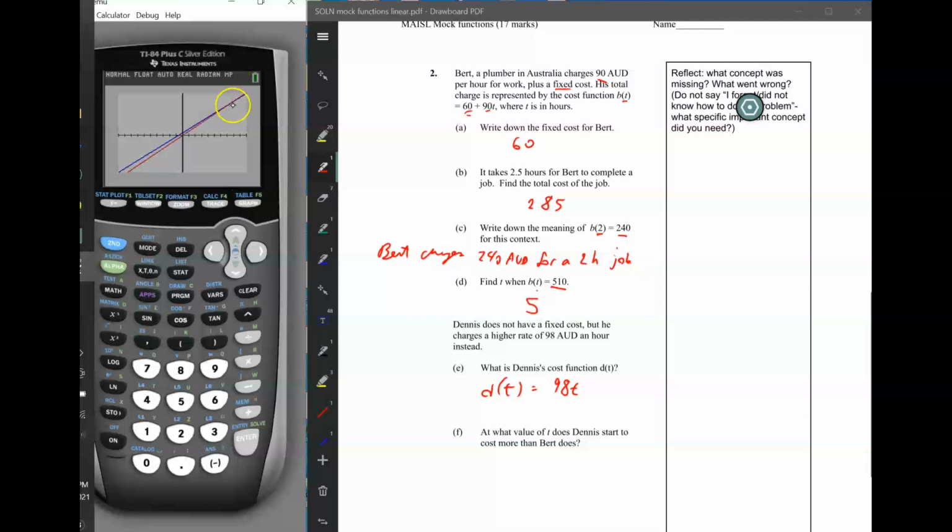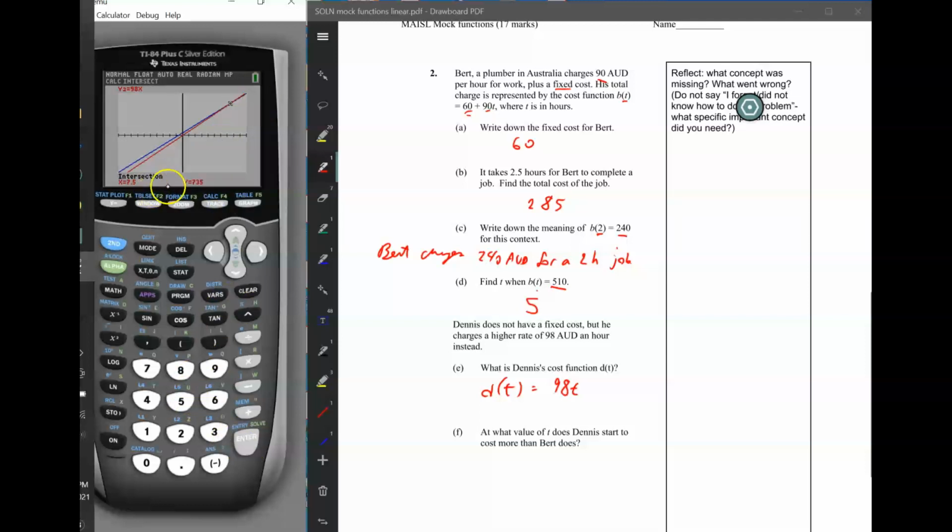And you can see at some point Dennis is starting to get more expensive. When are they equal, and when does Dennis start to cost more, right? To find that out, we can just find the intersection point. Second calc intersect, and then we just hit enter 3 times.